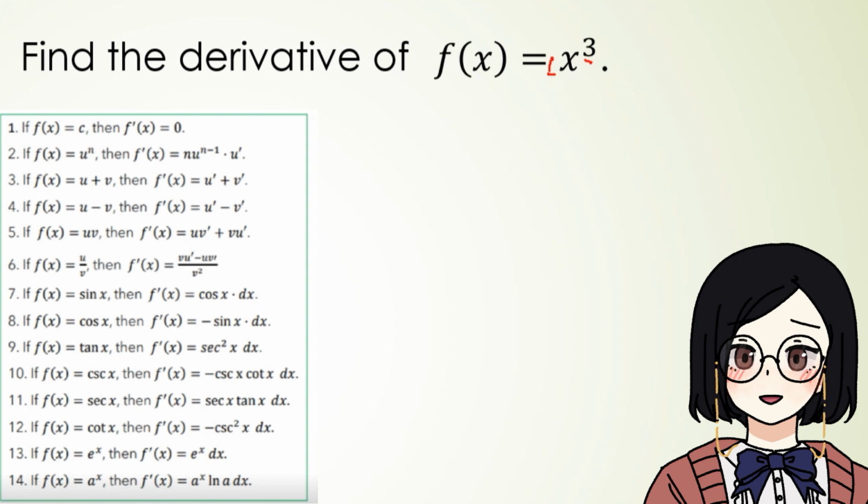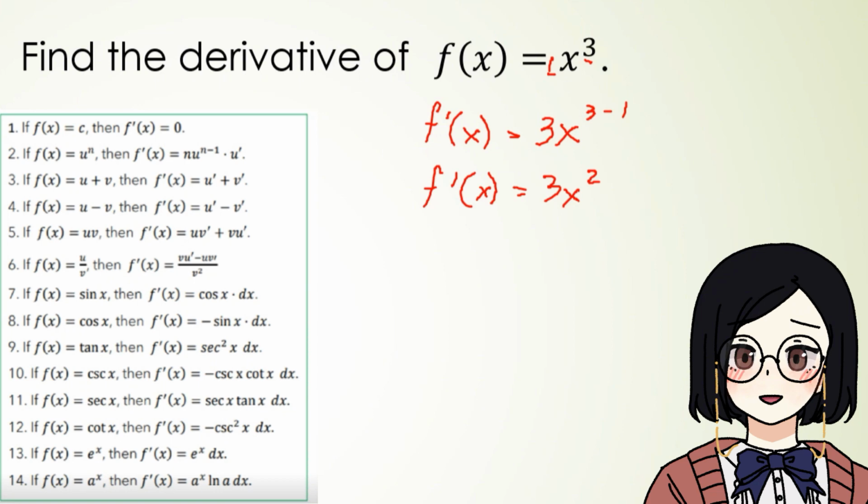So all you have to do is to multiply the exponent by the numerical coefficient, so we will have 3. And we deduct 1 from the exponent in order to reduce the degree by 1. So simplifying, the derivative of f of x equal to x cubed is 3x squared.